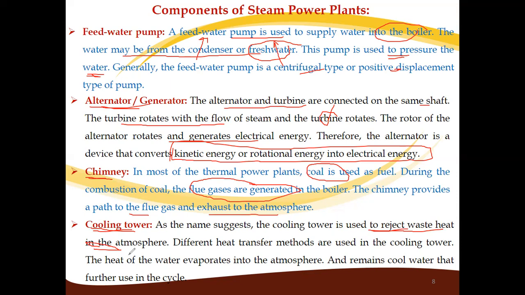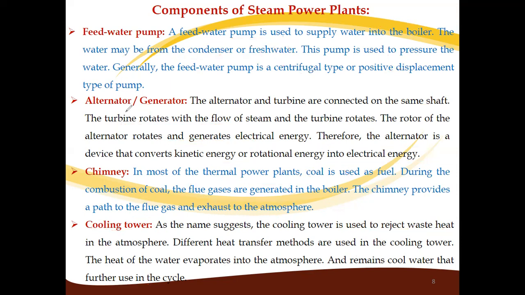The condenser converts steam into water, and the water that comes from the condenser is supplied to the cooling tower, which further uses this water in the cycle. Generally, forced draft cooling towers are used in thermal power plants, and the air is circulated from the bottom to the top of the tower. So these are the functions of the feed water pump, alternator, generator, and cooling tower.